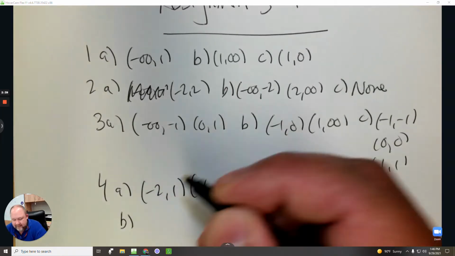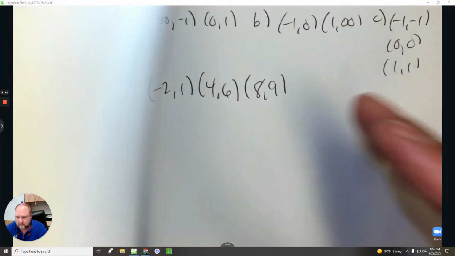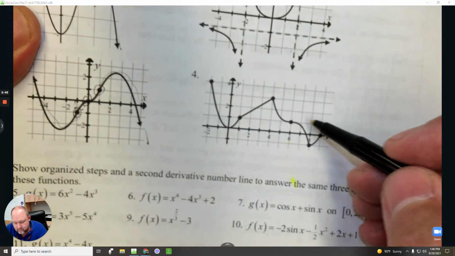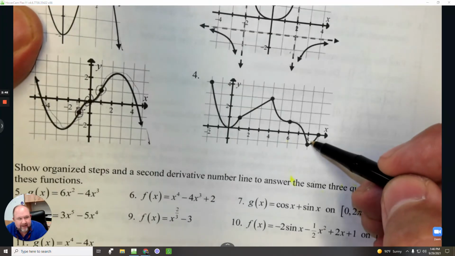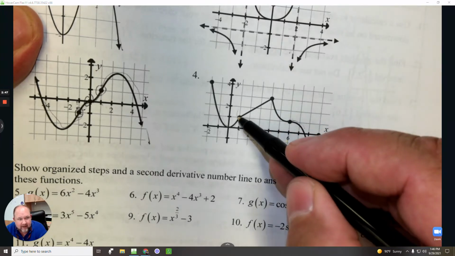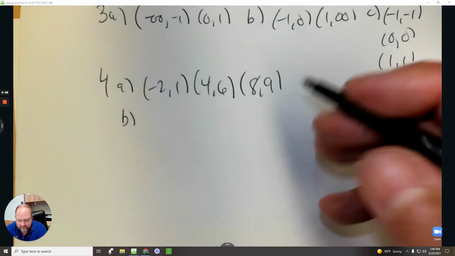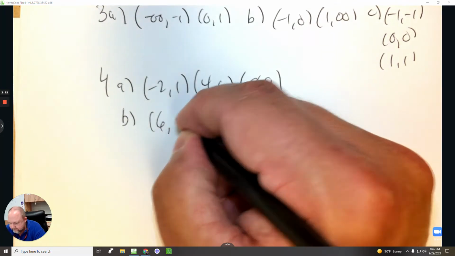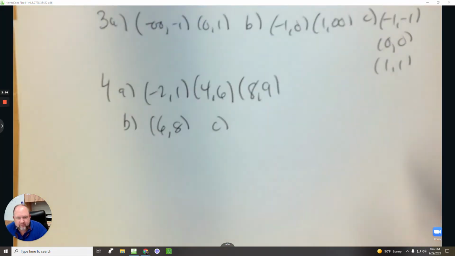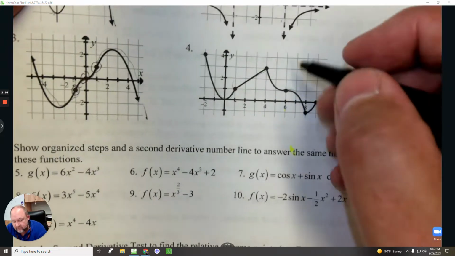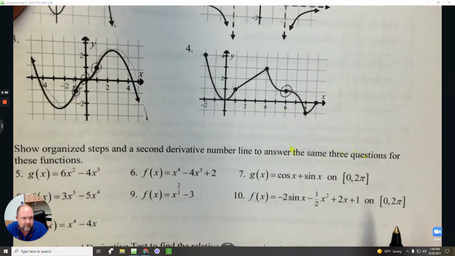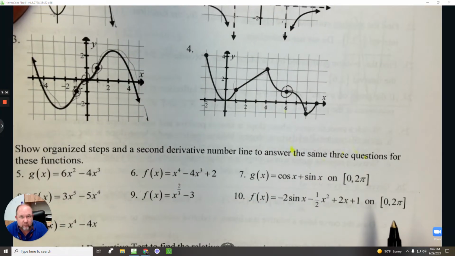It's concave down only here. From 6 to 8, it's concave down. A line has no concavity. And then where are the points of inflection? So where does it change? It has 1 point of inflection, and that's there at 6, 1.